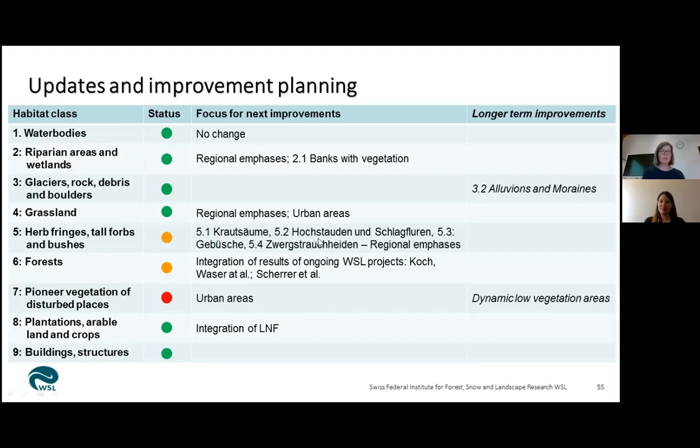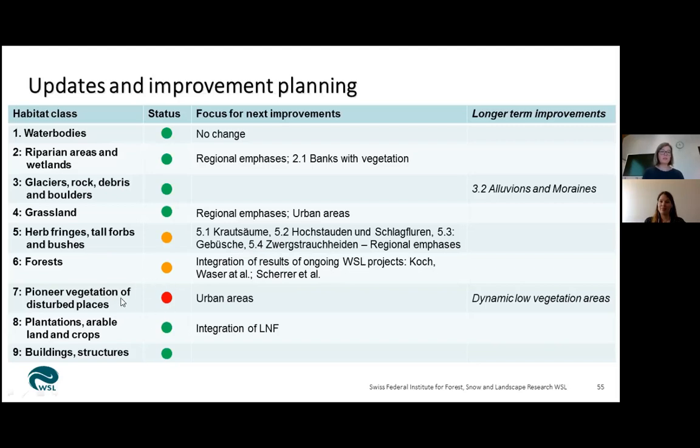And also with the dwarf shrub forests, in certain regions and certain types of dwarf shrub forests, we'd like to have a bit more focus. As I said before, we intend to integrate the ongoing WSL projects into the forest habitat classes as we can.